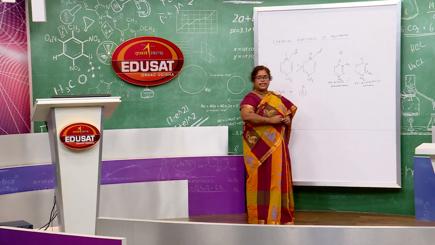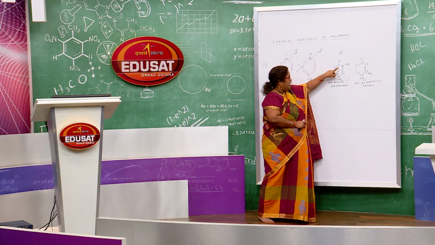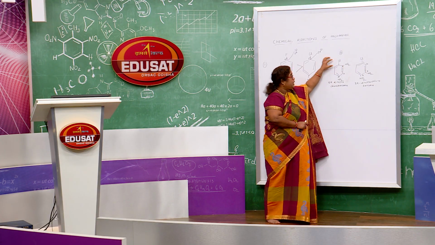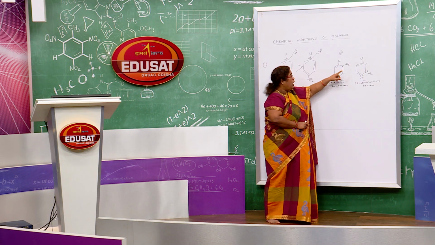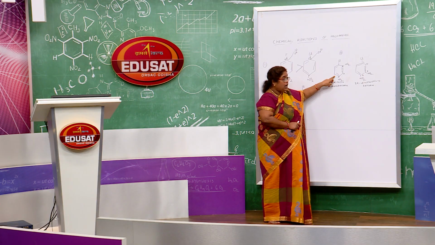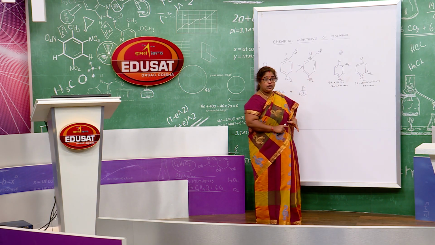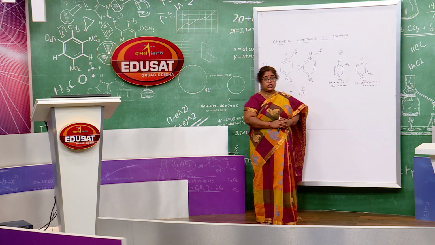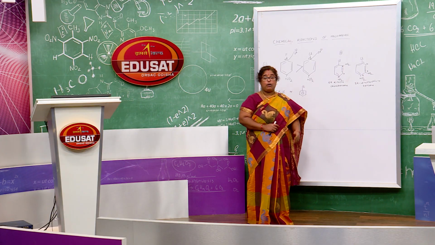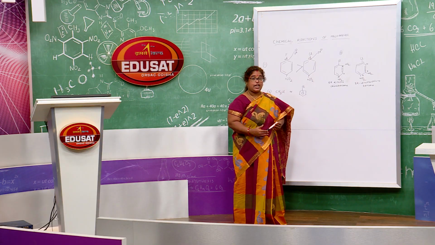So, what have we discussed till now? Whenever a nitro group is present ortho with respect to Cl, or a nitro group is present para with respect to the halogen, what happens? It has a very strong effect of withdrawing the electron cloud towards itself, and it enhances the rate of the reaction.